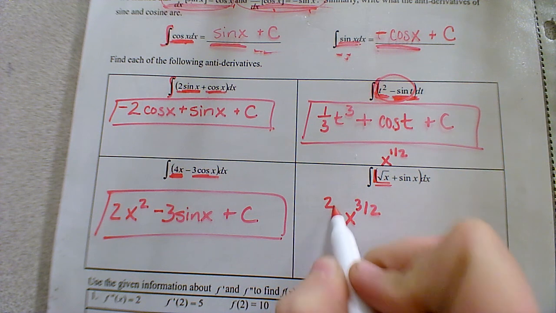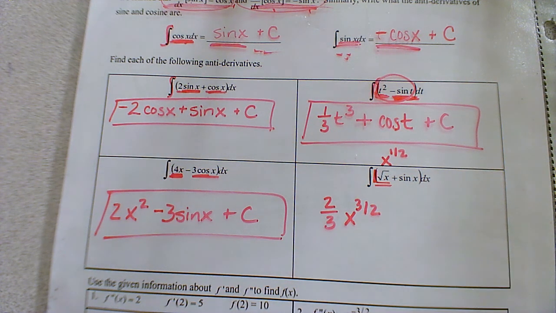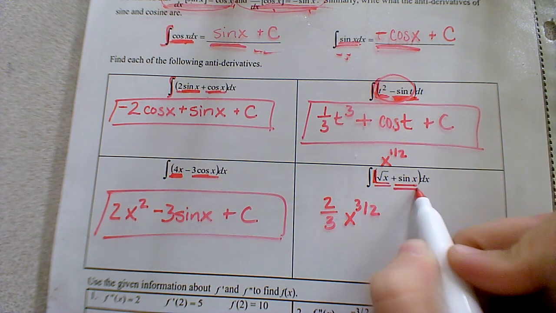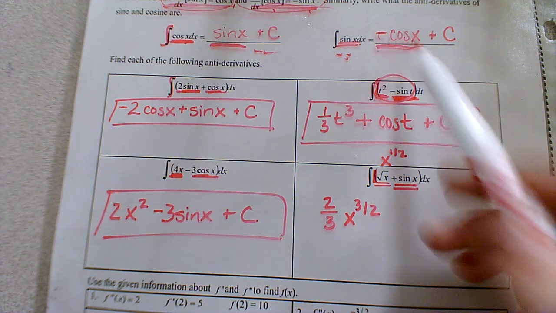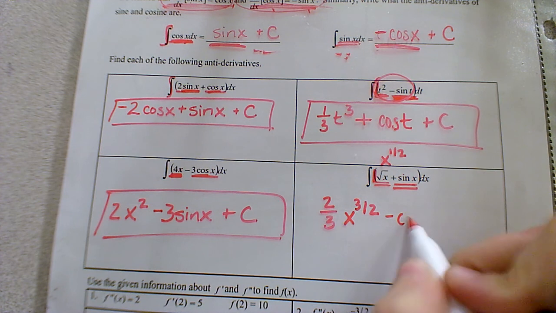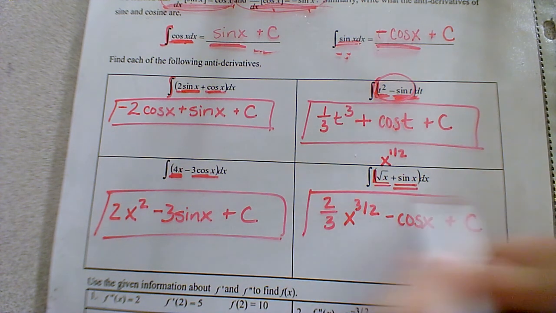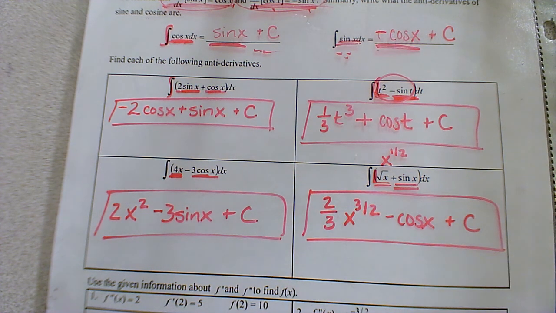That's technically just going to reciprocate it, so I'll be left with 2/3 as the new coefficient. I then have to add the antiderivative of sine, which we said was negative cosine up top. All right, then plus c. Again, you can always take the derivative of your answer to check to see if you get the integrand back.